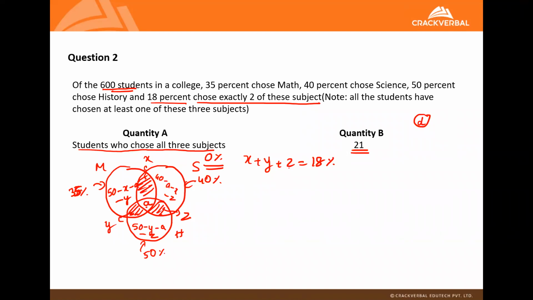Now I've got all the regions in terms of variables, and I know all of these regions individually are going to add up to 100%. So I'm going to write the equations down here.